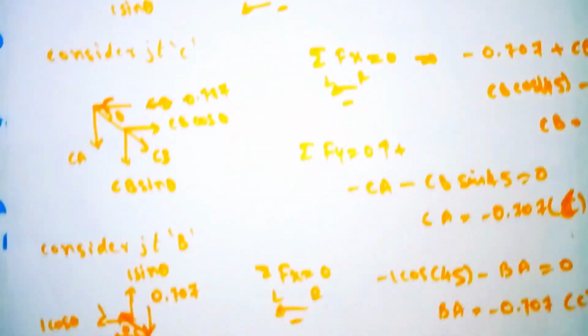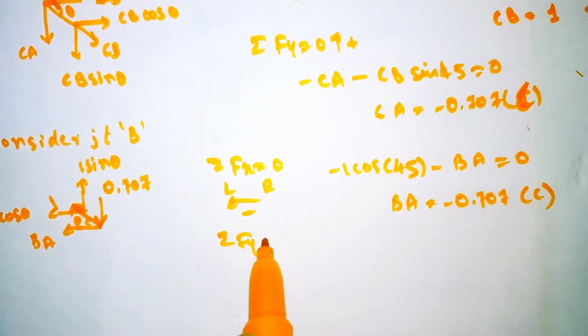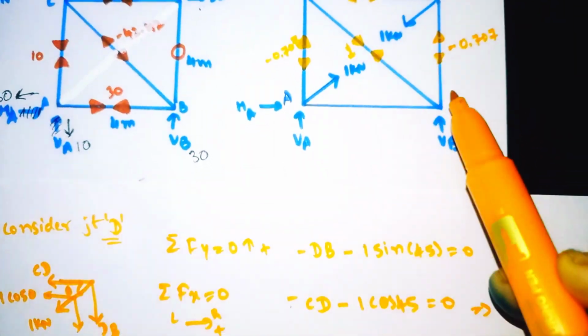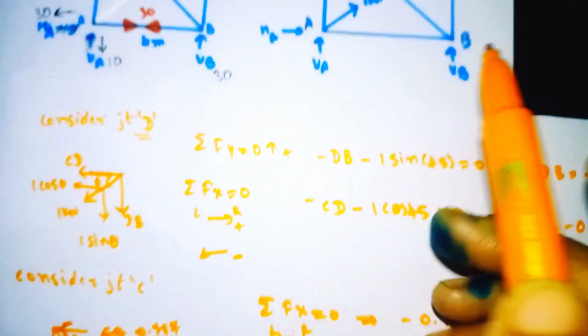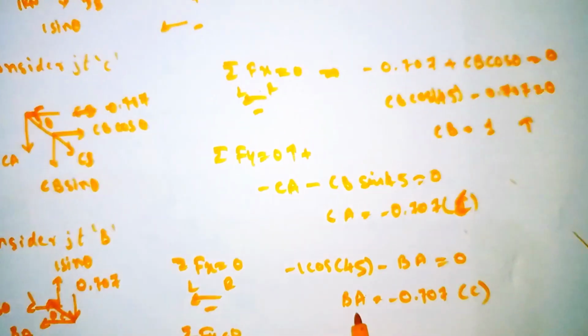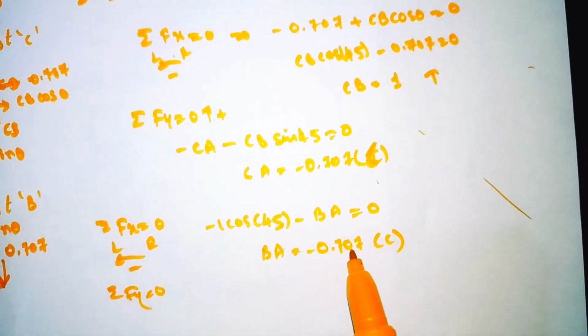That's why we don't need to go for the summation of Fy, the vertical forces, because we already know the value of this member, the vertical one. So I am only applying summation of Fx is equal to 0 to know the forces in the BA member. Now we have got that value.